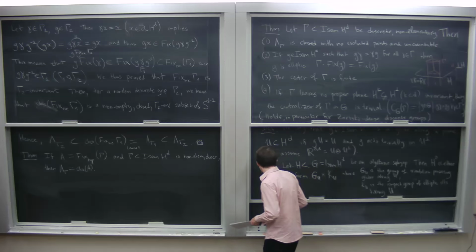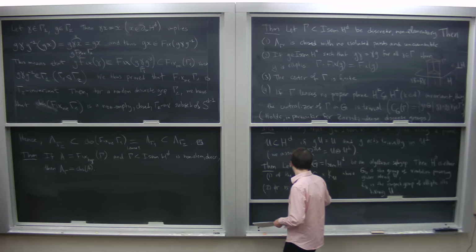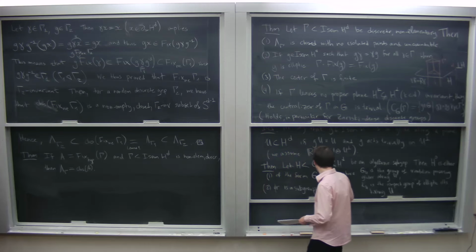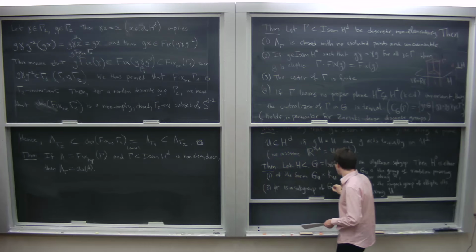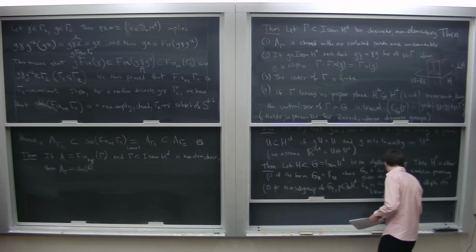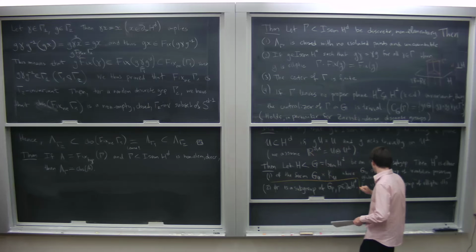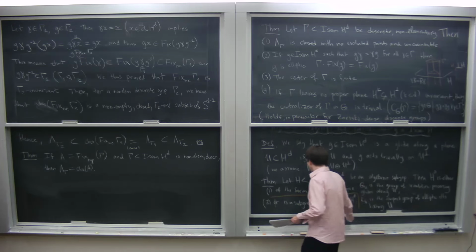And the second possibility is that H circle is a subgroup of the stabilizer G_P, where P is some point from the ideal boundary. I will use color to separate these two cases on the board.